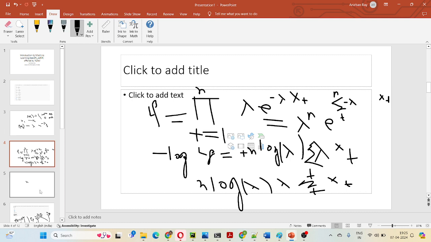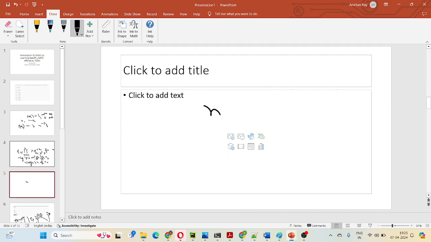So what will that be? 1 by lambda, and lambda will remain here, summation over x, plus n log lambda. So this gets removed.